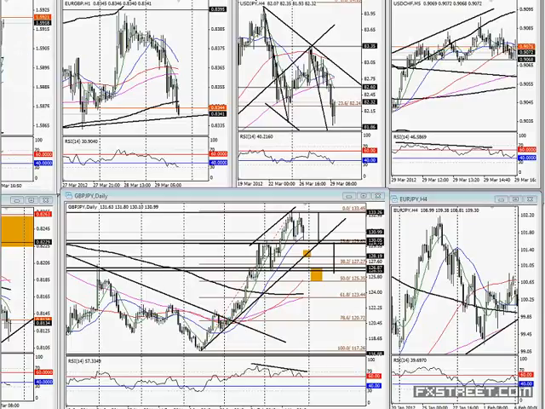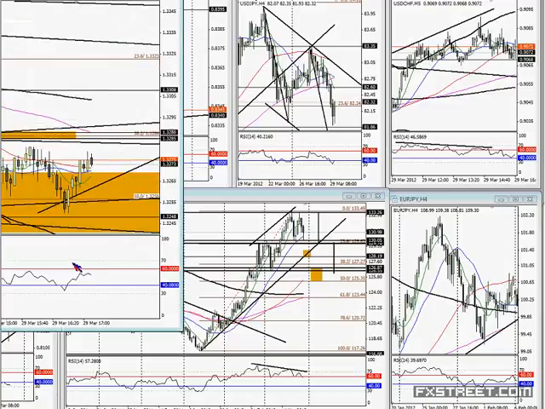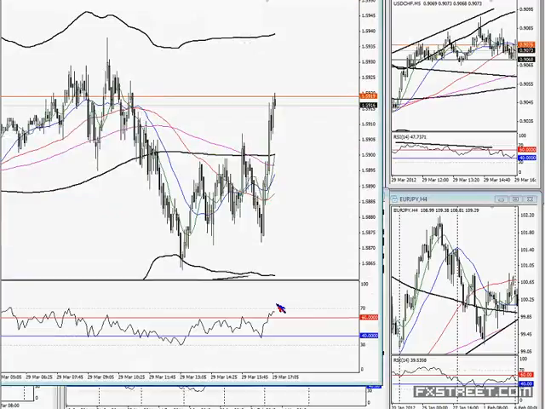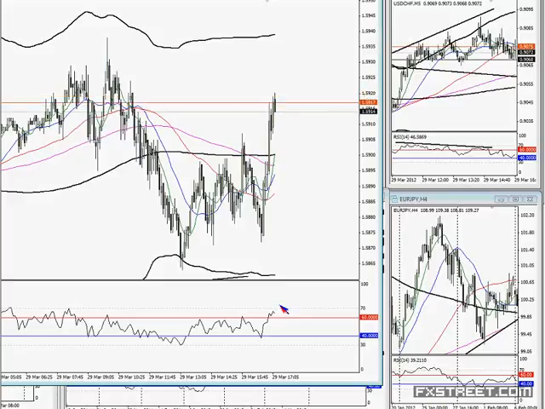Or if not, you see, in the euro dollar, the RSI hasn't broken above 60, so I'm not very confident just yet in this trade. The pound dollar shows a little more promise with the RSI pushing above 60 and about to tag 70. So at least the intraday momentum is showing some promise in the pound dollar.